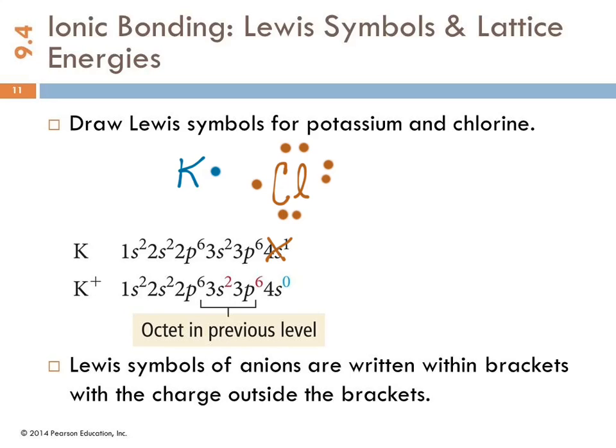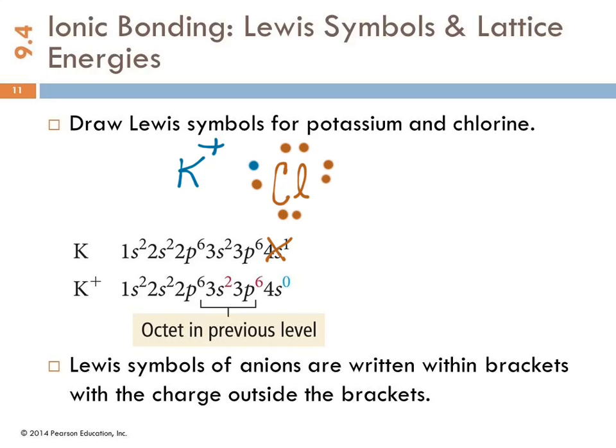So that's what happens. Potassium says, hey, I'll give you my electron. And now I have a positive charge, but I have a full valence shell.